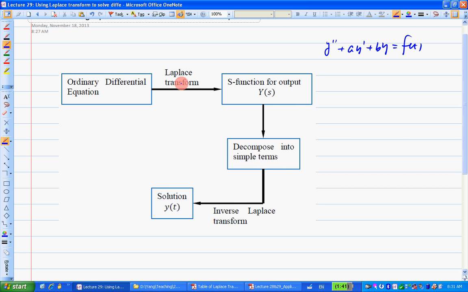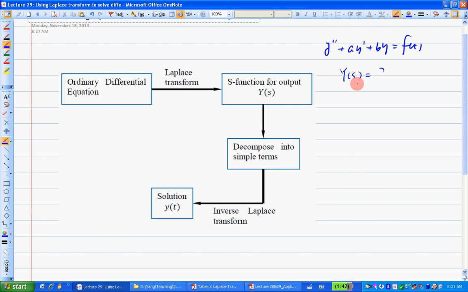We use Laplace transform and try to solve it by transforming this differential equation into the S domain first. So basically the idea, as I showed you in one example, is to take Laplace transform on both sides and obtain an expression for Y of s.